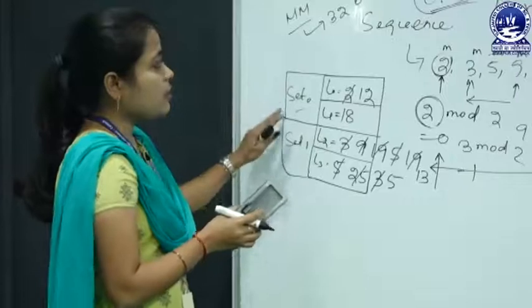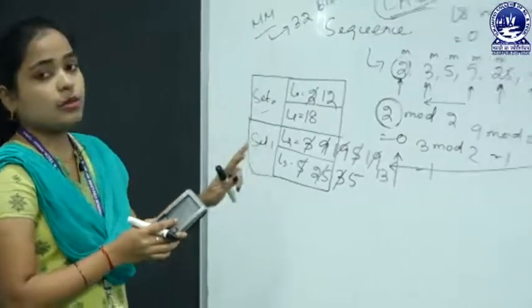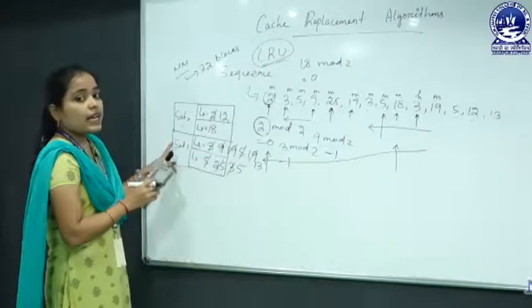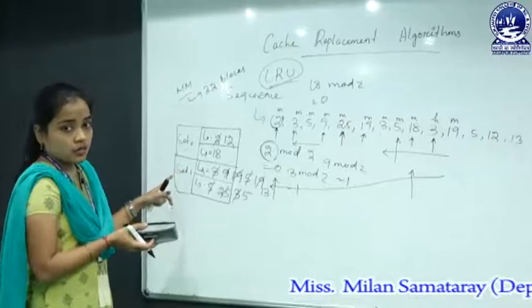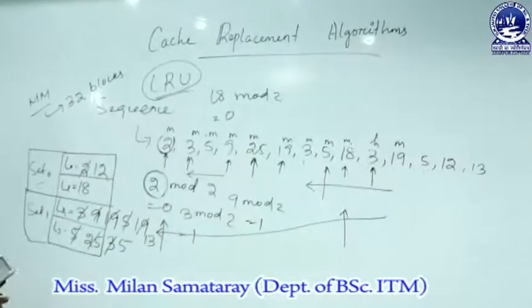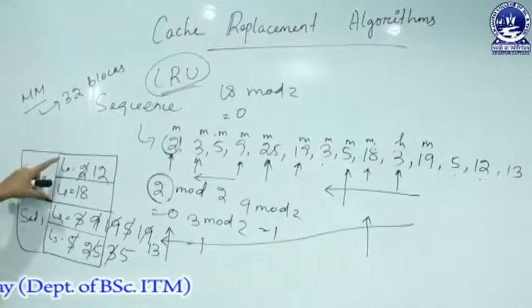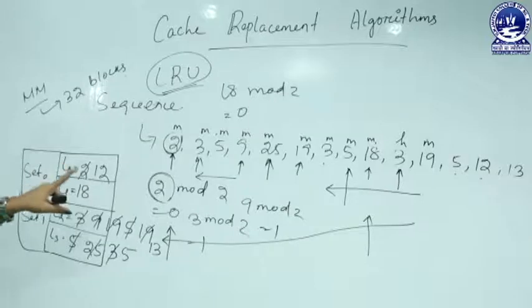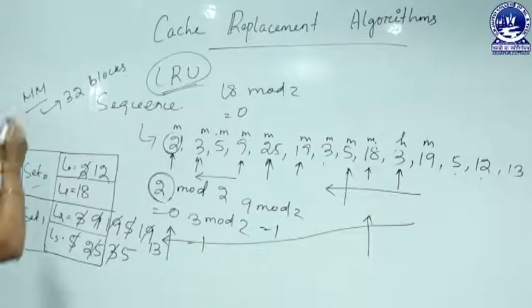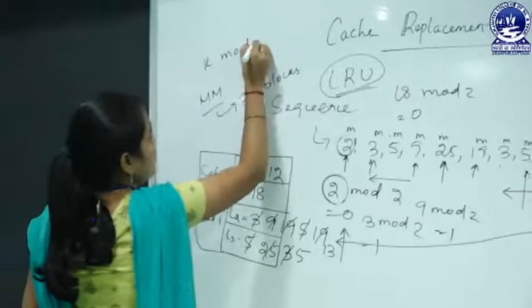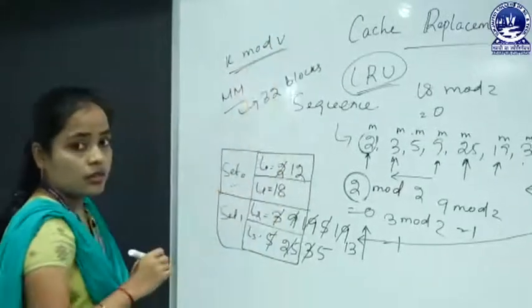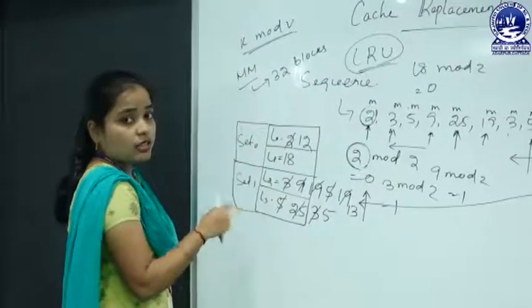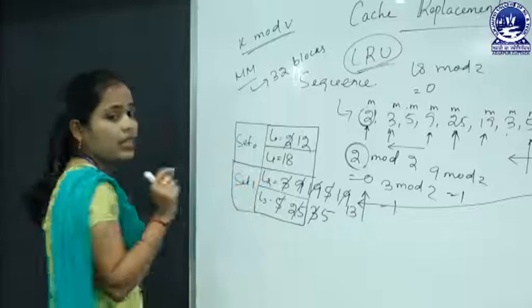So this is the concept of the LRU, or least recently used, replacement algorithm in the set associative mapping. In the set associative mapping, you have to divide the lines into sets, and map the blocks, or the requested blocks, by using the formula K mod V into a particular set.